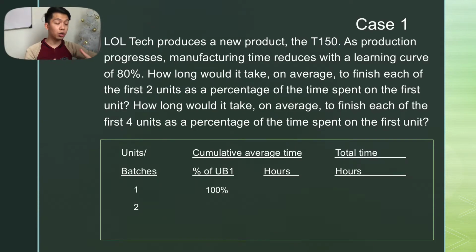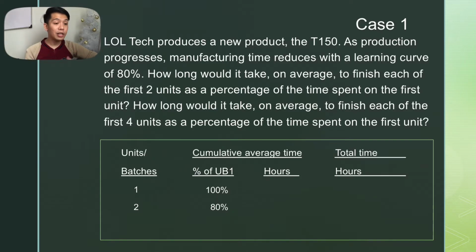When we are going to double from 1 unit or batch to 2, the cumulative average time would be reduced to 80%. Just copy the learning curve rate. Again, the learning curve rate is 80% for this case.